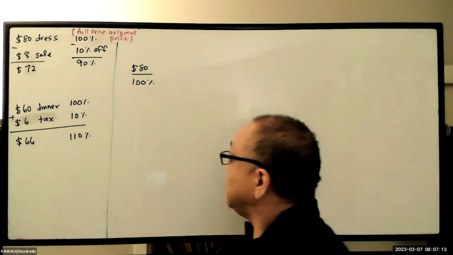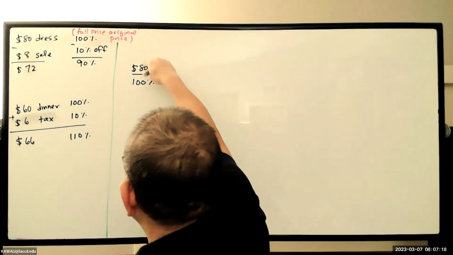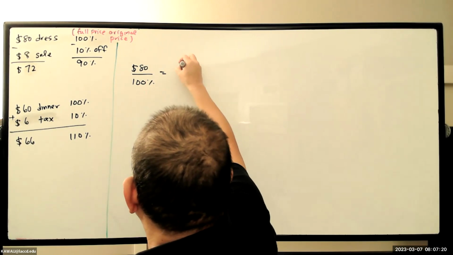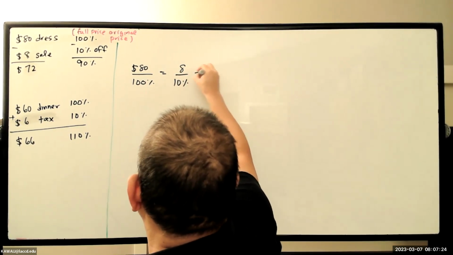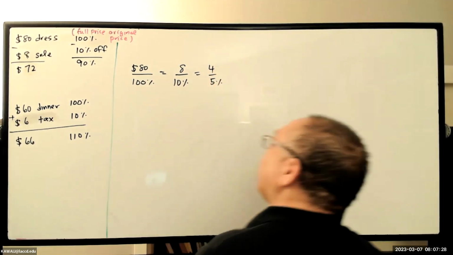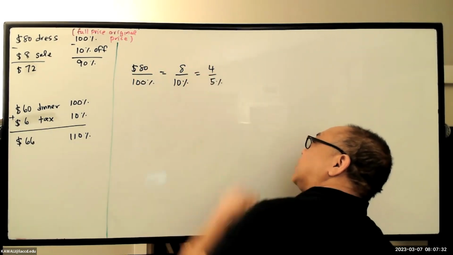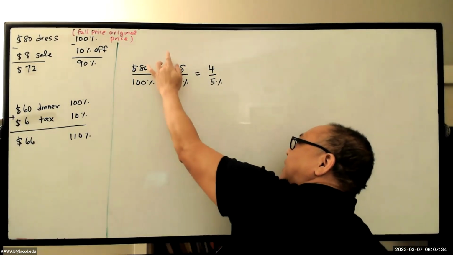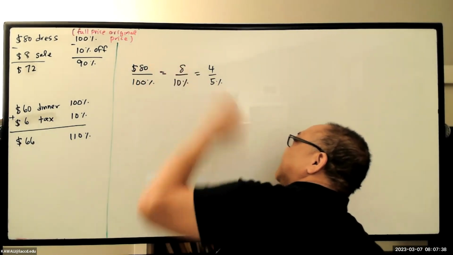Now, I can think of this like a fraction. So this is also 8 over 10%. This is also 4 over 5%. So 5% of $80 is just $4. 10% of $80 is just $8.